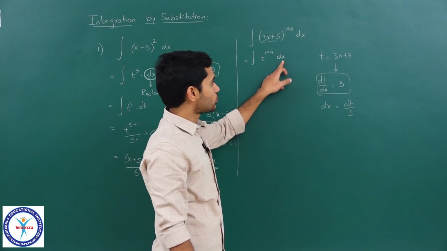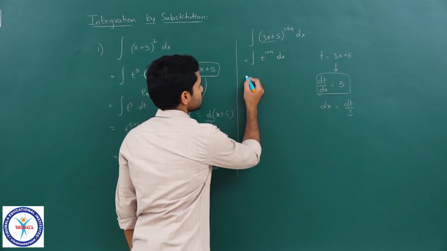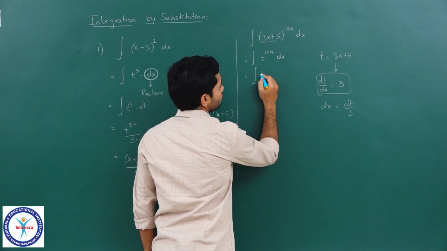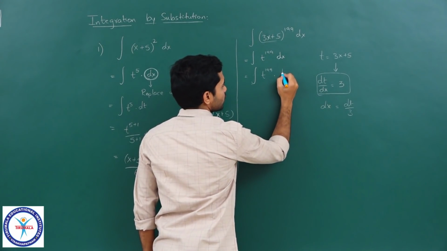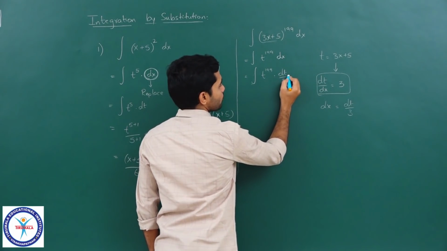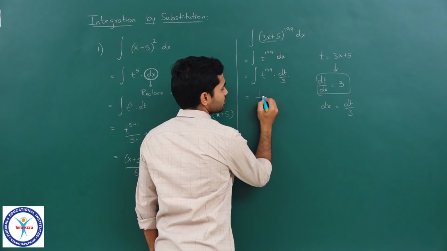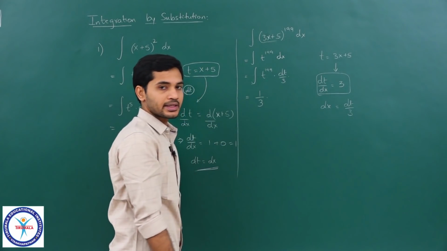Now, you will just have to replace this dx with the result which we derived here. So, this becomes integral of t power 199 into dx, which is dt by 3, right. So, this is simple integration now. So, 1 by 3 into t power 199 dt.